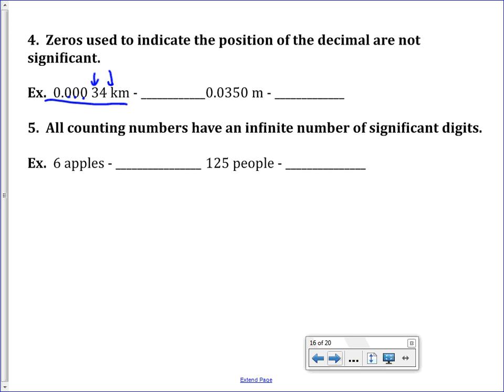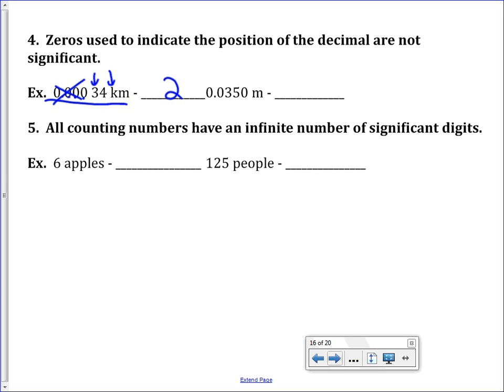They are not following it at the end. So in this case, all these zeros would not be considered significant, so we would not count them. It would just be the 3 and the 4 counted as significant figures, so we'd only have 2 significant digits in that number.